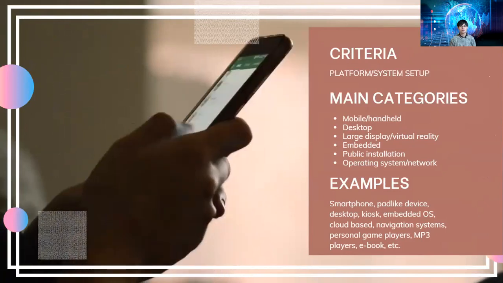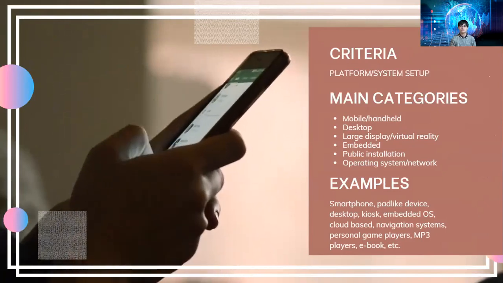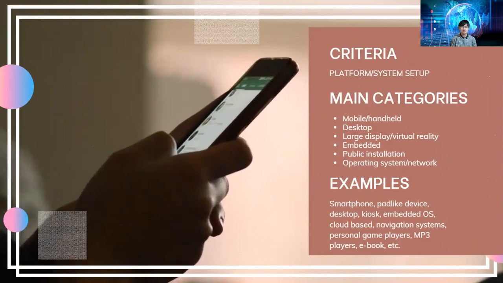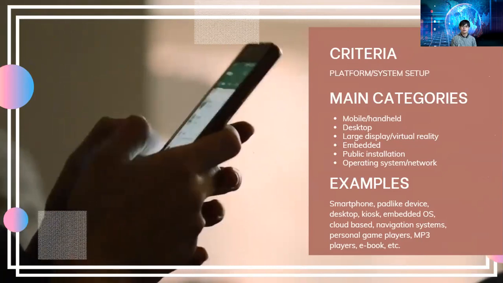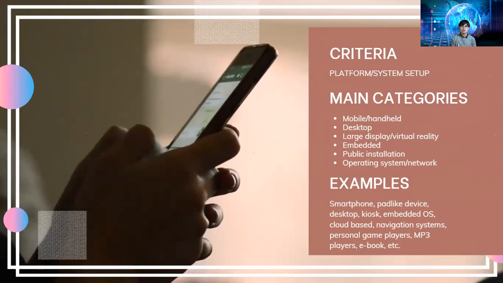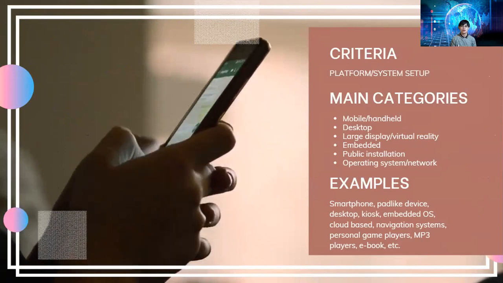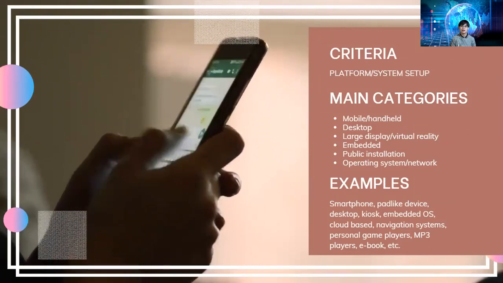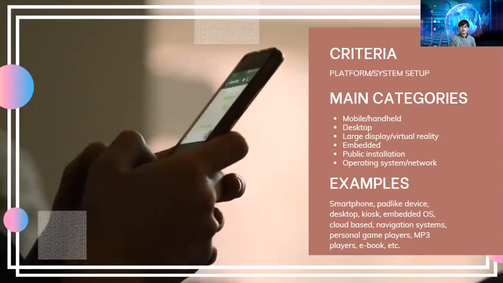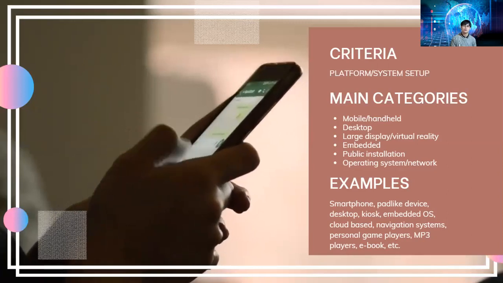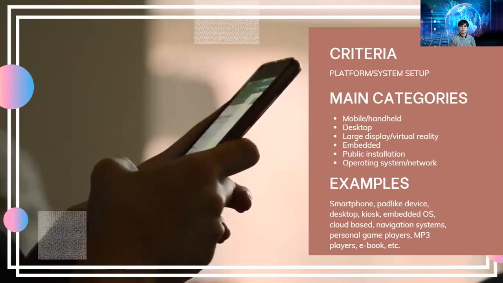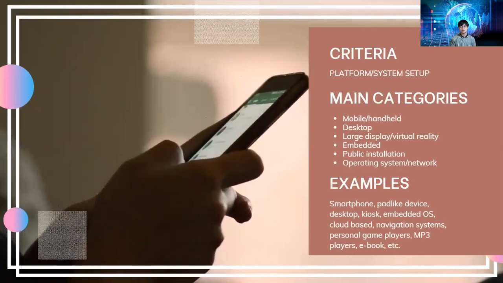Its categories involve: would it be mobile or handheld? Would it be a desktop application? Or would it be a large display or virtual reality? Would it be embedded or public installation, or operating system or network? So you must identify the setup of your system.